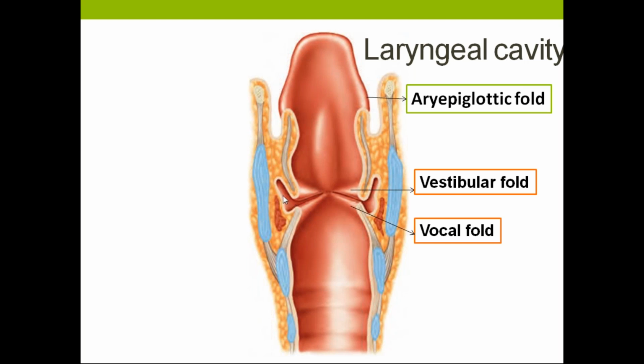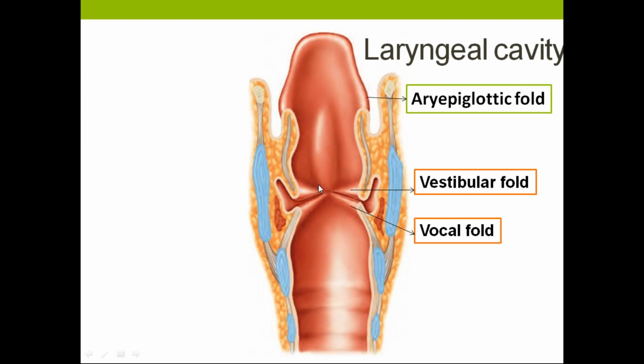Okay. So it has an extension on the lateral side. Here, this is called the saccule of the larynx, which is provided with numerous mucous glands, which lubricates the vocal cord during phonation. And this is also otherwise called the oil can of larynx.